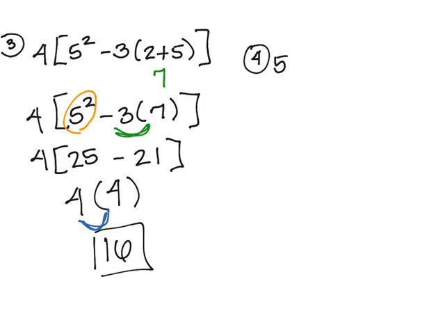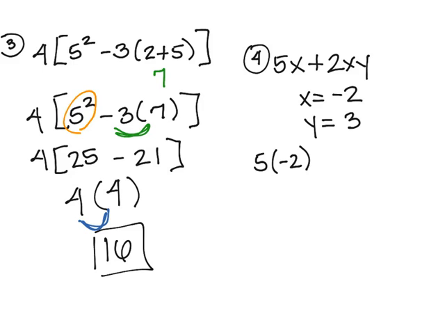Number 4, we got 5x plus 2xy, and x is negative 2, y is positive 3. So we're going to straight plug those numbers in. 5 times negative 2 plus 2 times negative 2 times 3.